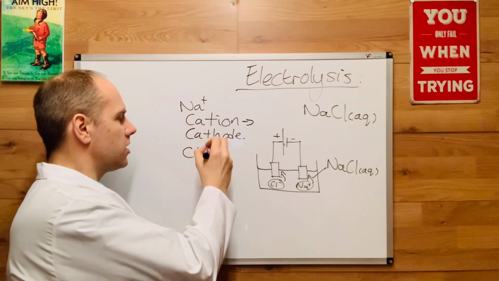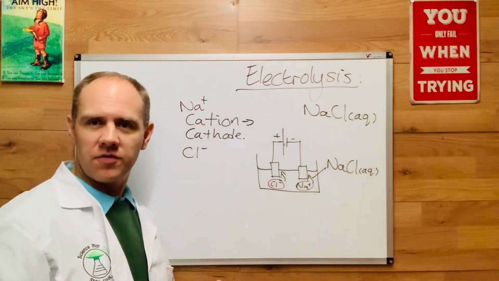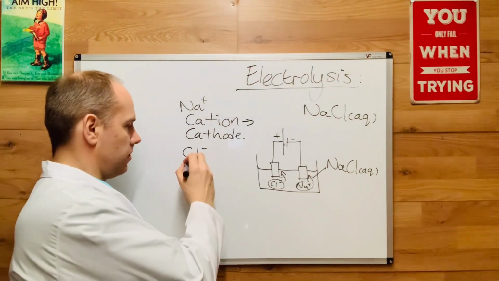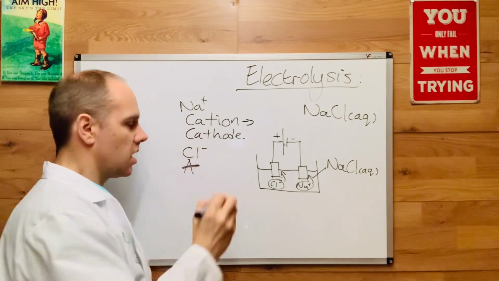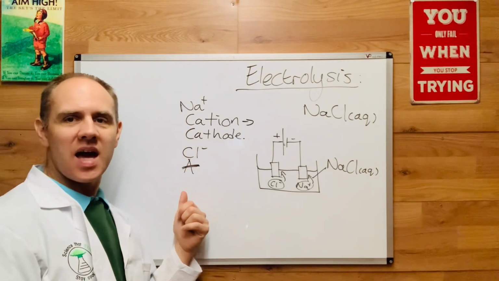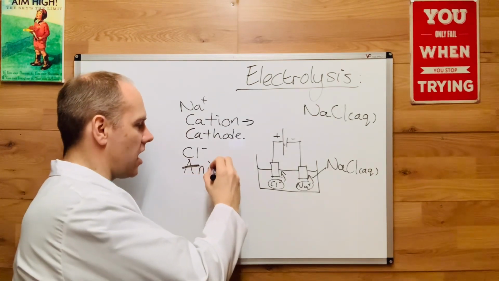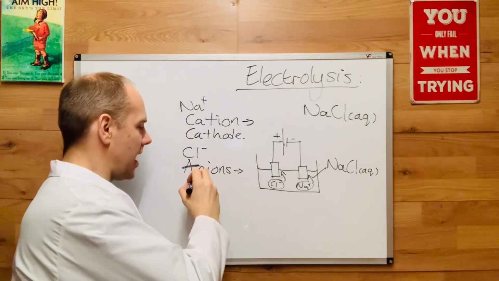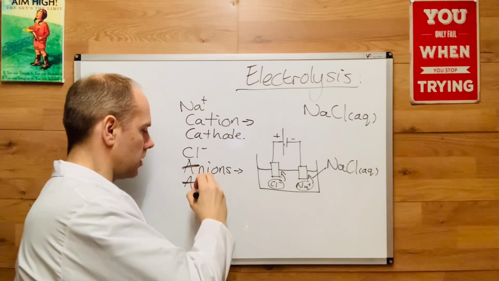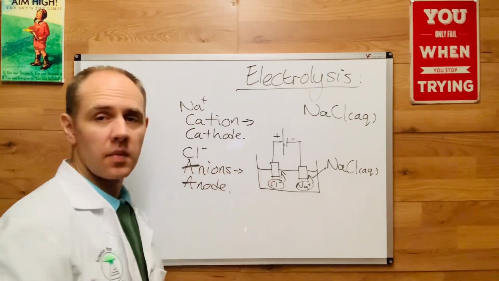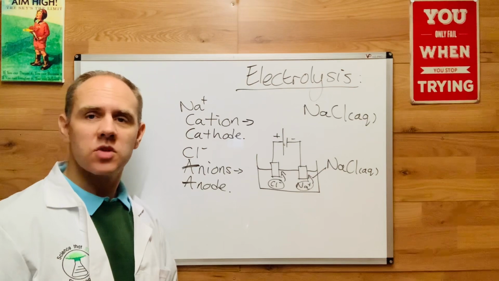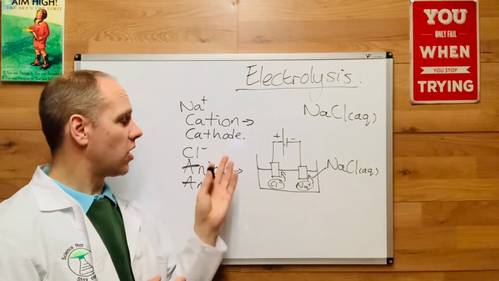Chloride ions are negative. That means they are anions. Notice that I use a capital A and I really accentuate that negative. And the anions go to the anode, because it's oppositely charged. So what's going on at the cathode and the anode?